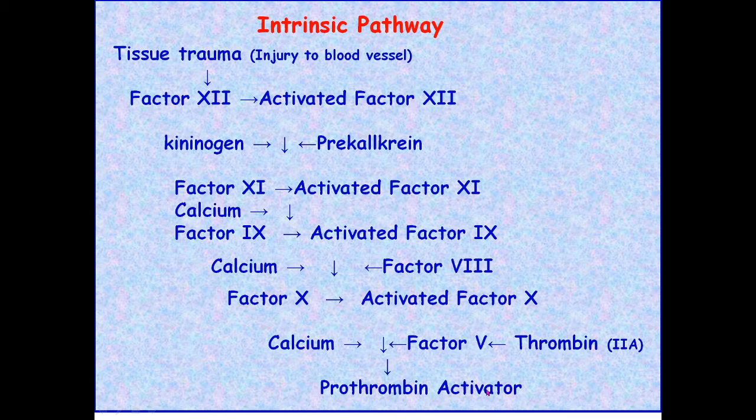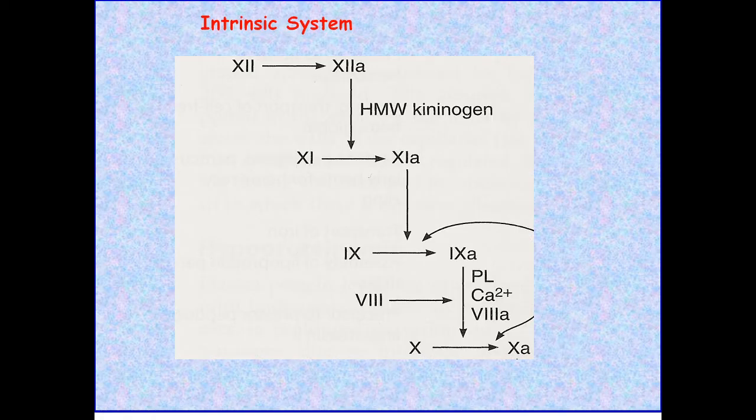What are the prothrombin activator precursors? They are the activated factor 10, activated factor 5, calcium ion and the phospholipids. These combine together to form the prothrombin activator in the intrinsic pathway.